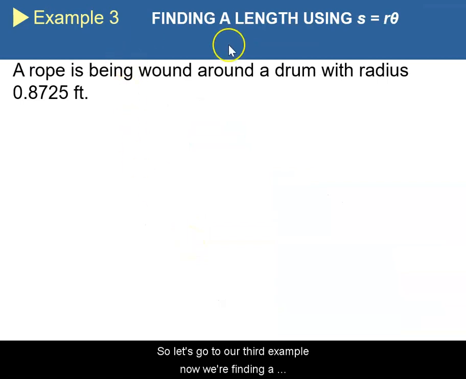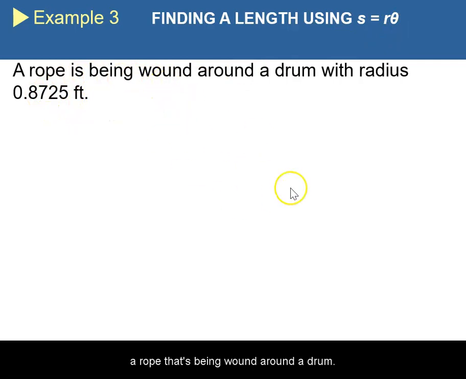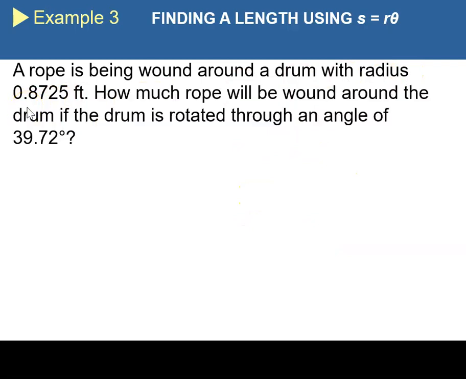So let's go to our third example now. We're finding a length using S equals R theta again. Here we have a rope that's being wound around a drum. The drum has a radius of 0.8725 feet.